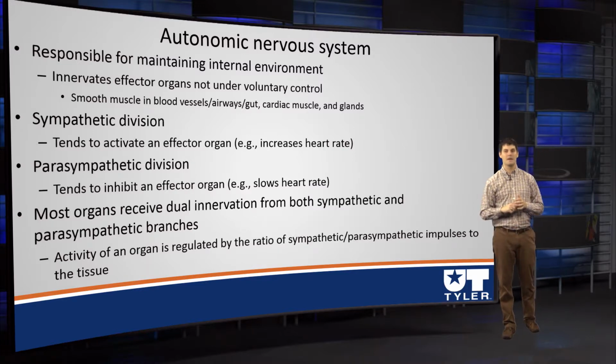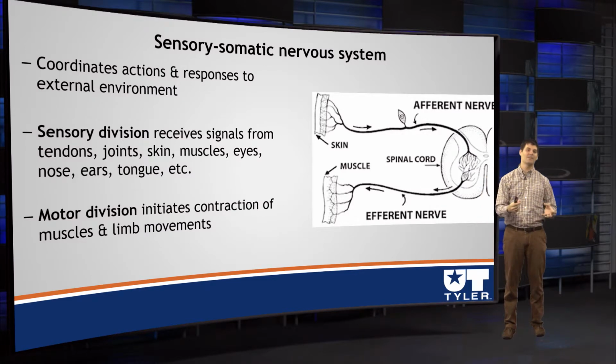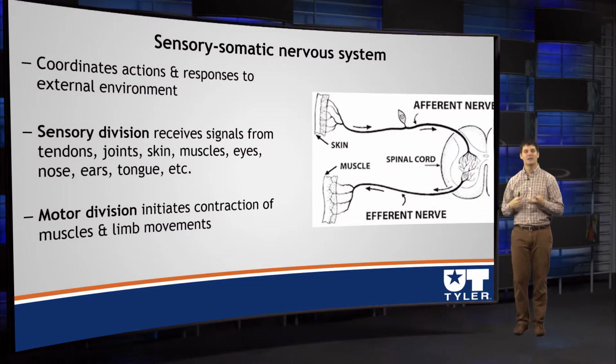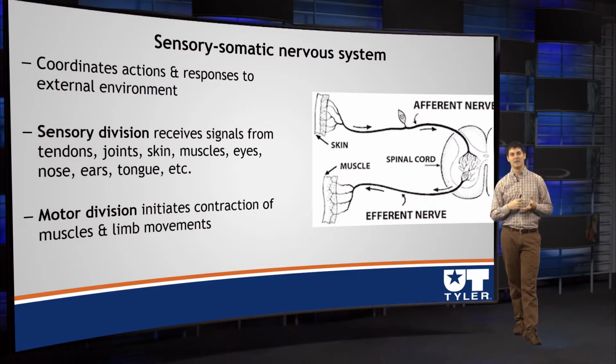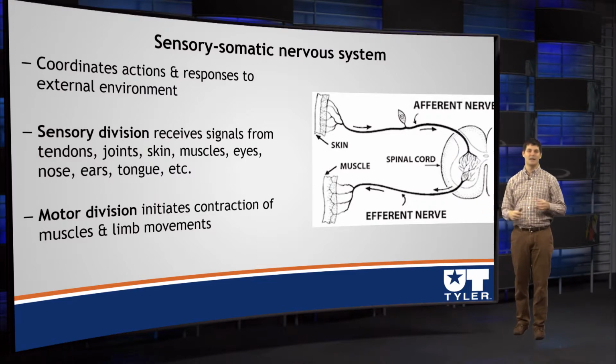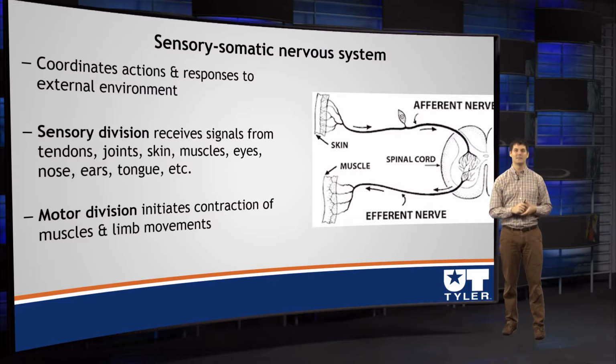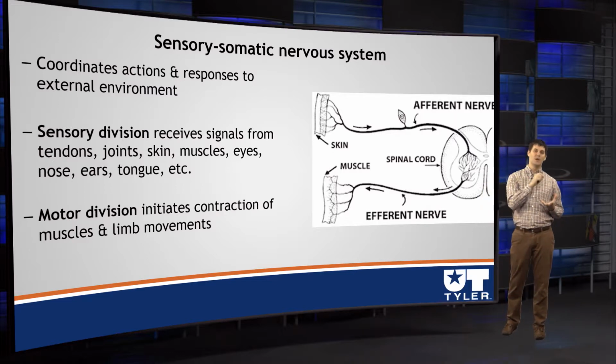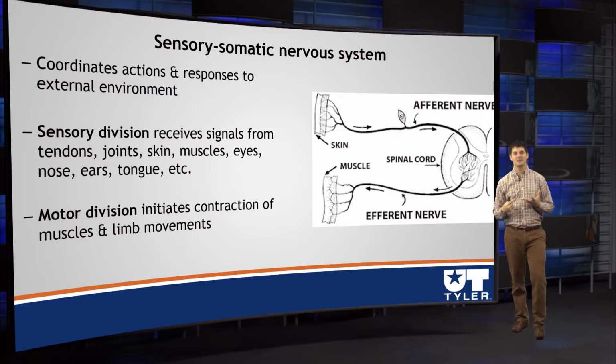If we then jump into the second half of the peripheral nervous system, as we continue that mind map down, we have our somatosensory nervous system, or our sensory somatic, depending on the semantics in the textbooks you read. Its important part is to coordinate actions and responses to the external environment.